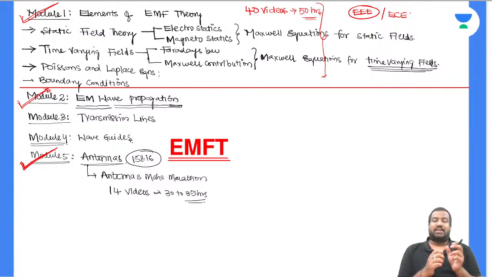The antenna playlist, Mahamarathon playlist, will be useful for ESE. Module 1 will be useful for ESE, for electrical and ECE. Module 2 that we are doing now will also be useful for ESE. So once I complete a series, that will be useful for both GATE and ESE. Is that clear, Ravi?